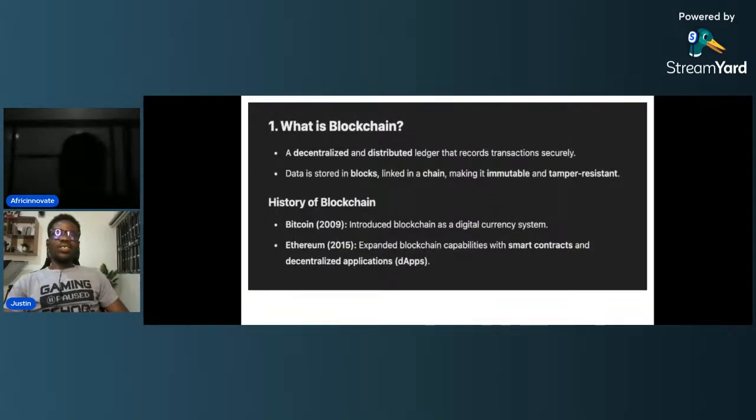Today I'll be taking us through the journey: the introduction of blockchain, what is blockchain, the history of blockchain, proof of work, consensus, and proof of stake, and the rest. So what is blockchain?